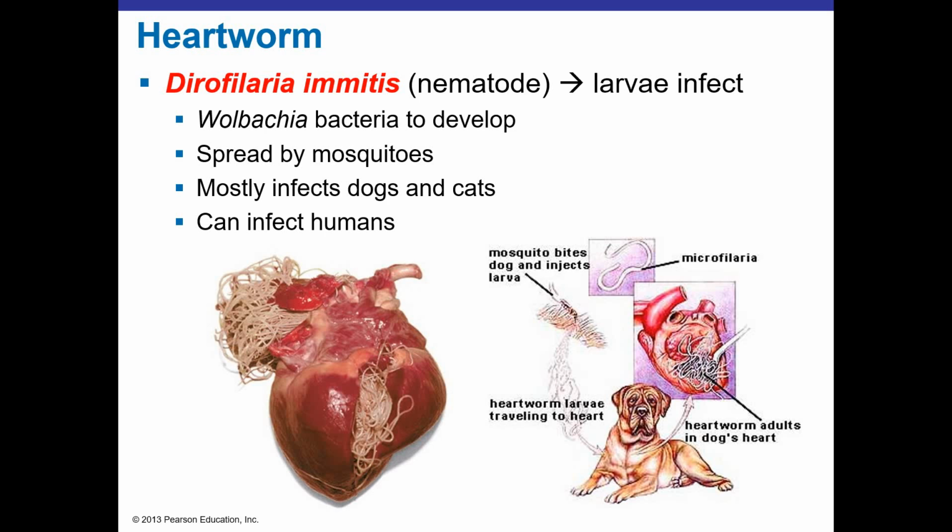The Dirofilaria is able to infect dogs and cats, but we usually think of it more in dogs. Here you see an example of the proliferation of the worms, and obviously the parasitic load here of having so many worms means that the heart is no longer going to be able to function, and that's why this is fatal. It can infect humans, but that doesn't occur very often. It's more of a problem for our pets.